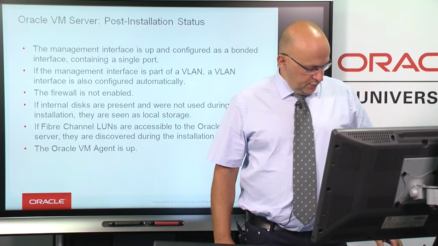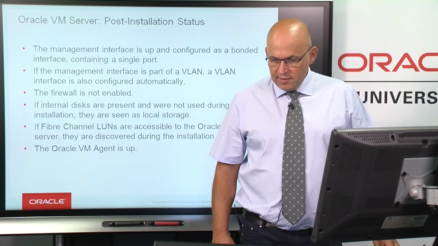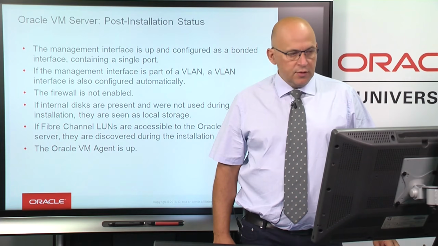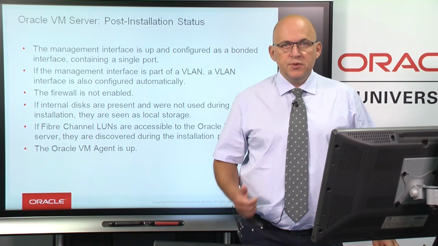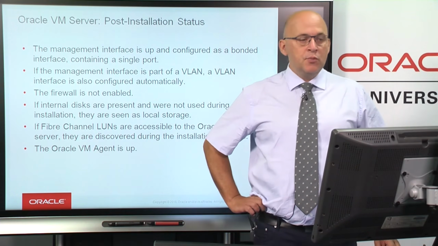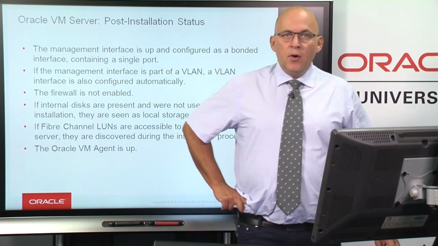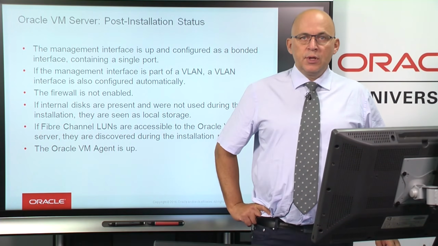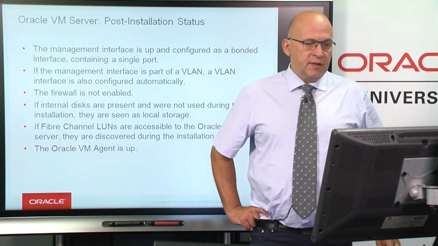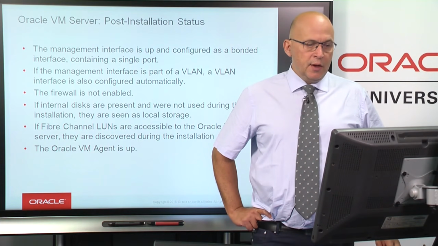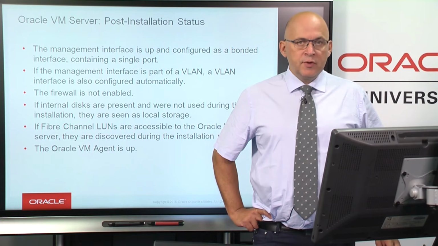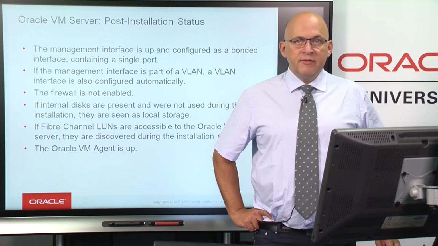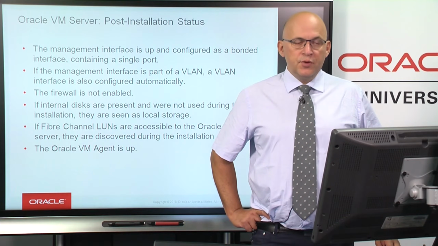Then once this installation is done, you will see that one management interface is up and running as a bonded interface, only on a single port. And if you have chosen the VLAN, a VLAN interface is already configured.